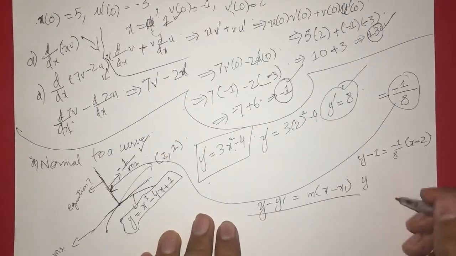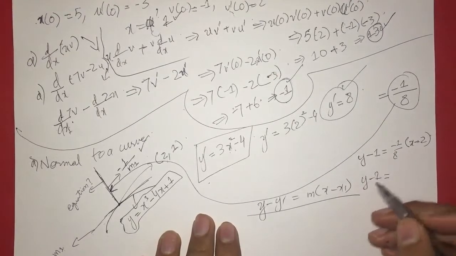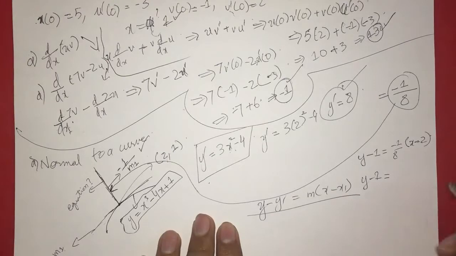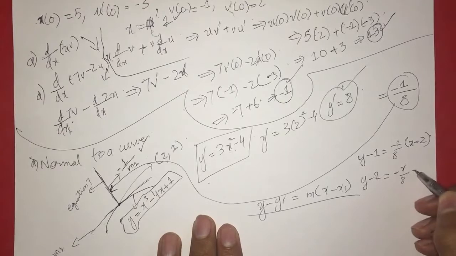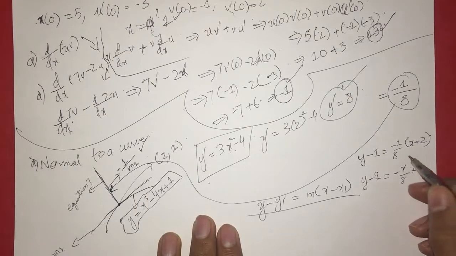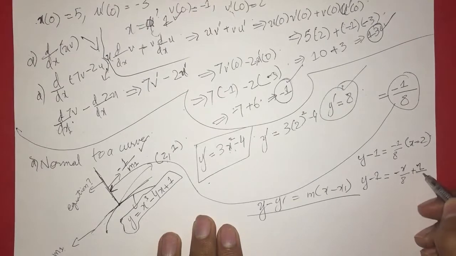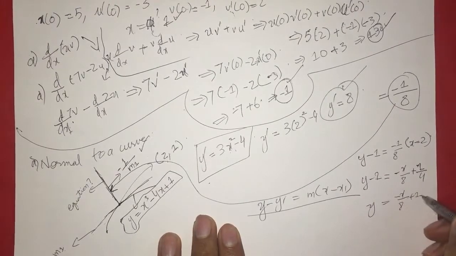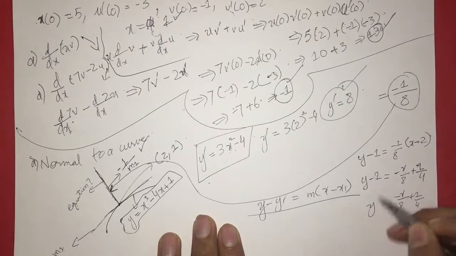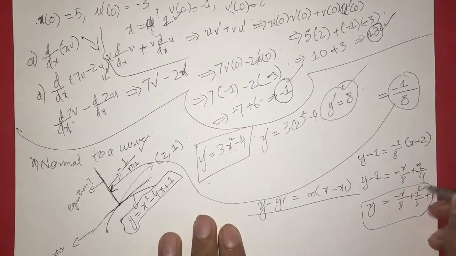So y minus 1 equals minus x by 8, and minus into minus plus 2 by 8, is 1 by 4. Shifting the 1 over, y equals minus x by 8 plus 1 by 4 plus 1. So this right here is the equation of this line.